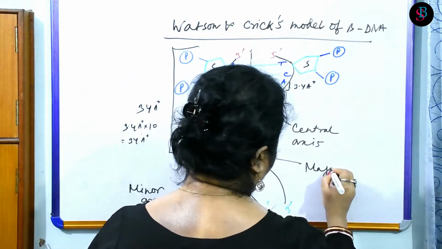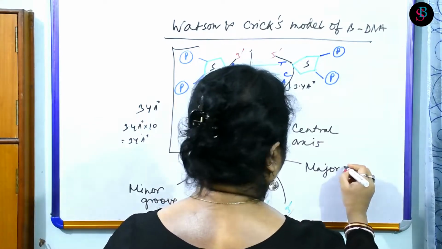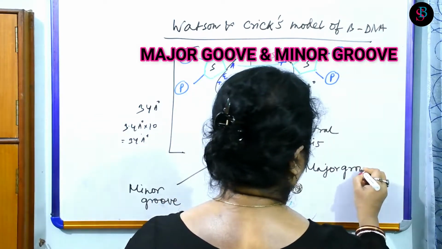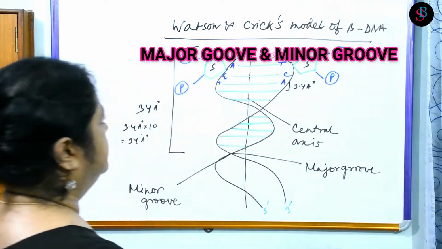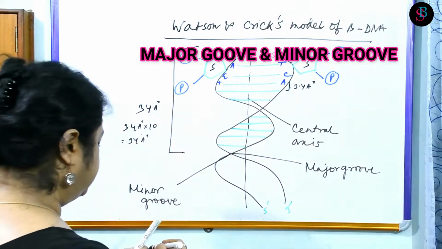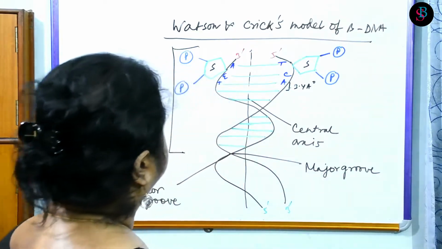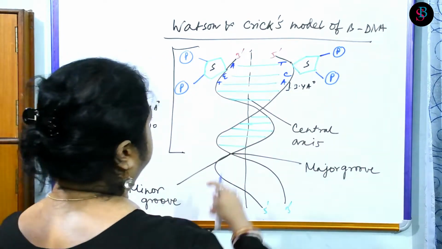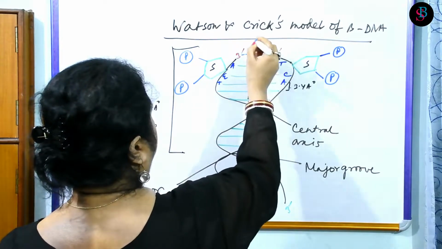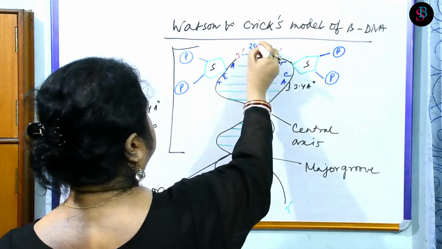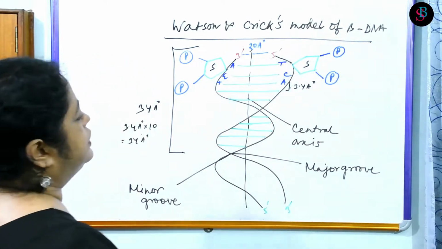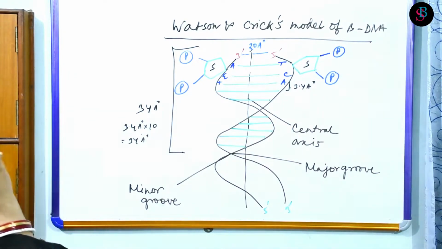So in one turn, there should be one major groove and one minor groove. Another thing is that in between these two polynucleotide chains, the measurement is 20 angstrom. So the diameter of the DNA is 20 angstrom.